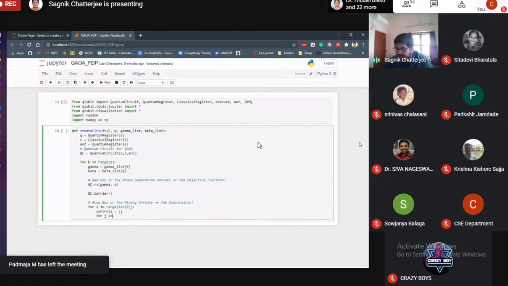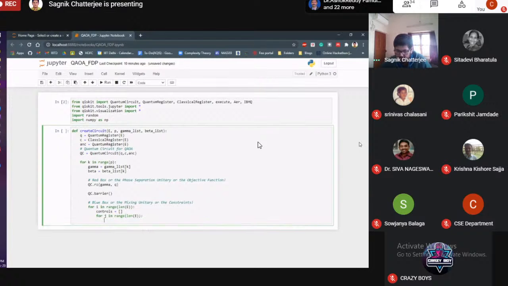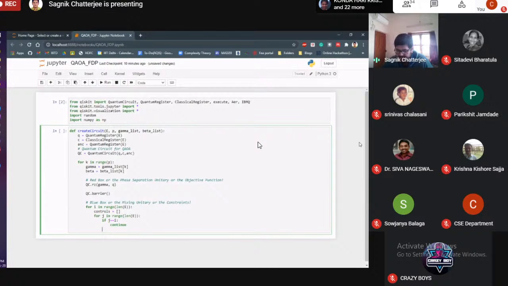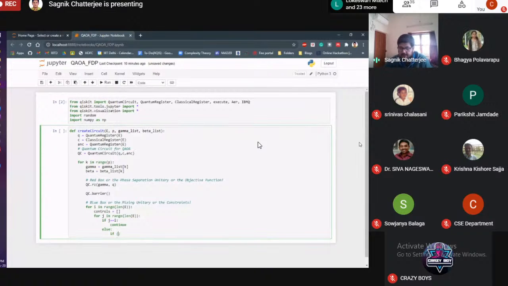So for j in range length of p, if j equals i, then we continue. If the edge is already present, then we don't need to do anything, so if it is the same in the outer and inner loops, else, if, now we do the conditions.